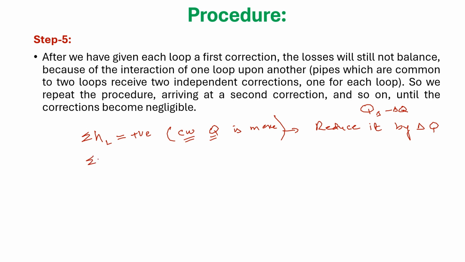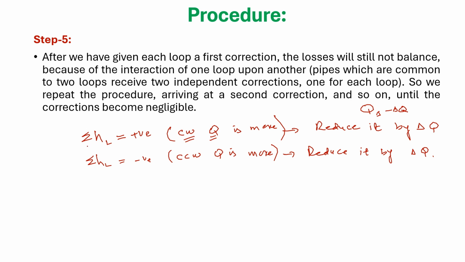And if the summation of hl is negative, it means that the discharge in the counterclockwise direction is more, so we will have to reduce it by an amount of delta q.